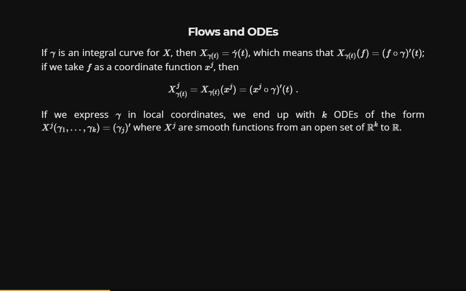So we have gamma 1 through gamma k, and these relations give us k ordinary differential equations of the form X_j of gamma 1, ..., gamma k equals gamma_j prime, where X_j is a smooth function from an open set of R^k to R^k.